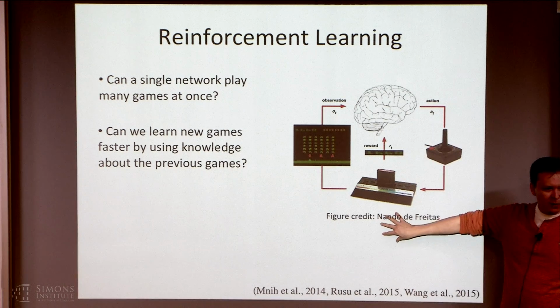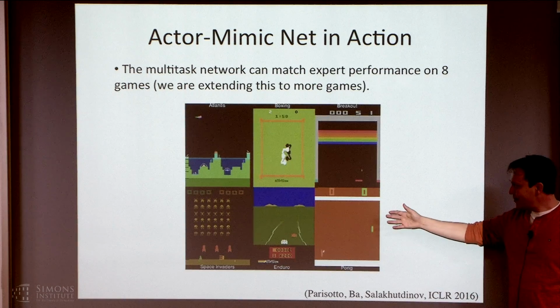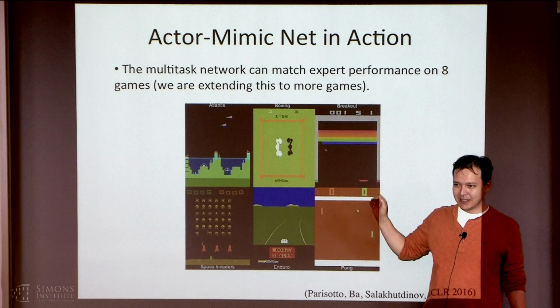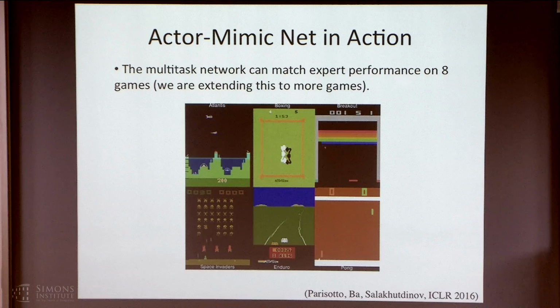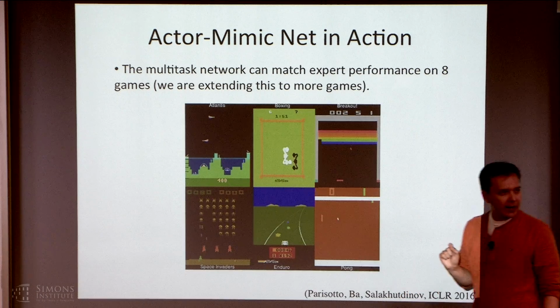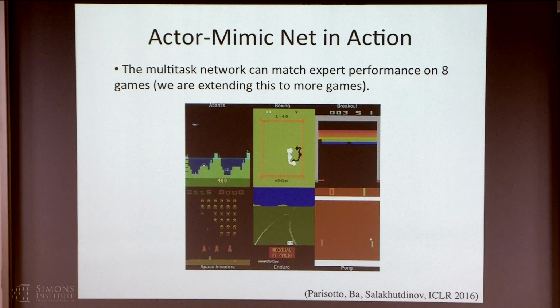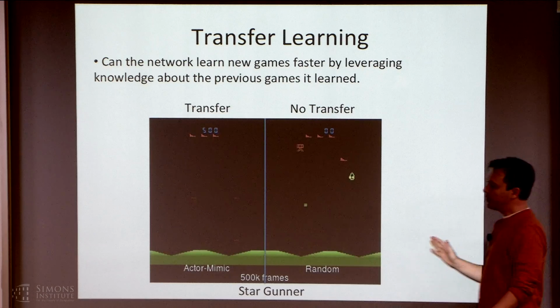Many of you probably heard about Atari games. There are algorithms that allow you to play multiple games at the same time. So it's a single network, single model, with the same action space, and depending on what the input is, you can play multiple games. And why is this important? Well, this is important in the sense that you can also use these kinds of models for doing transfer.